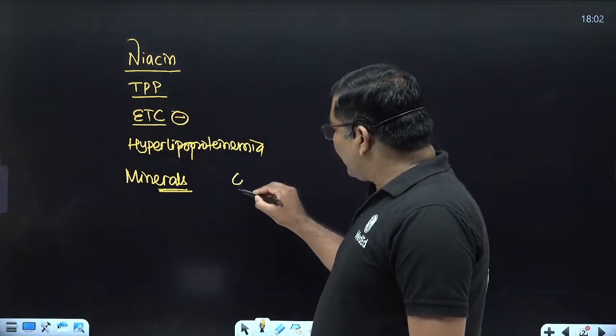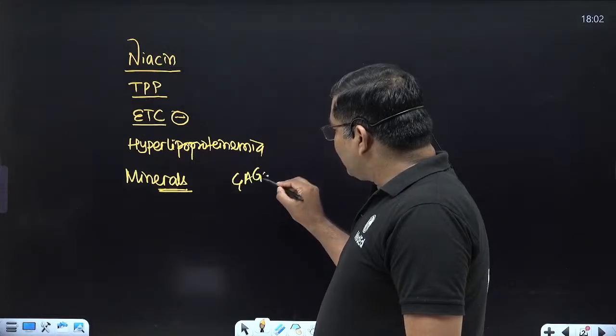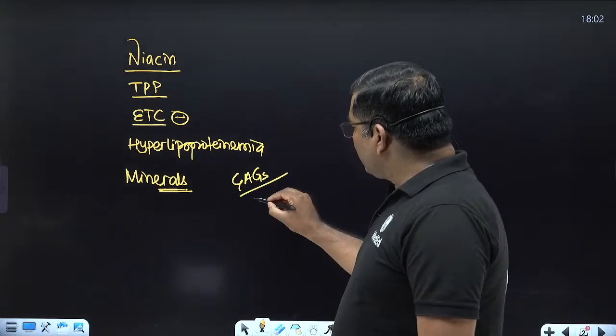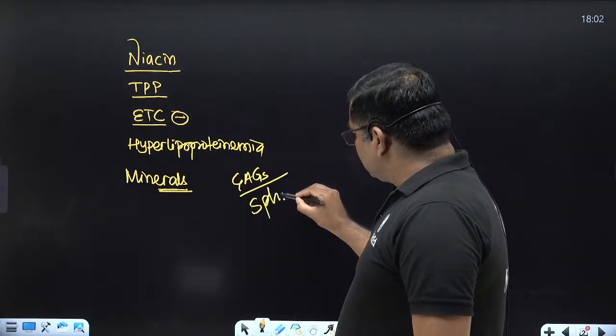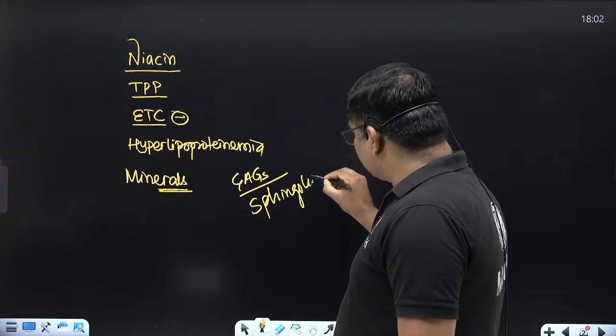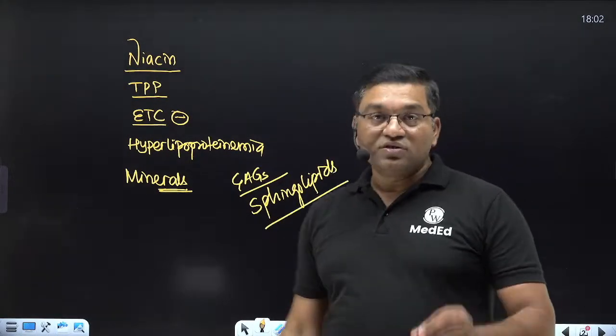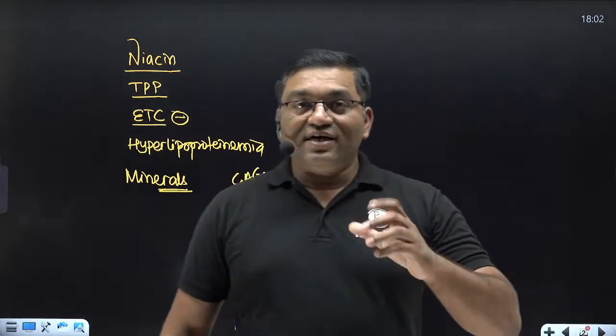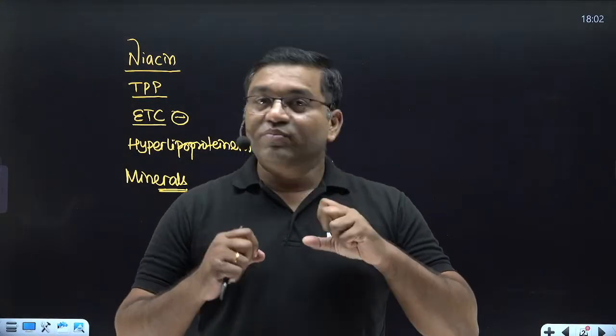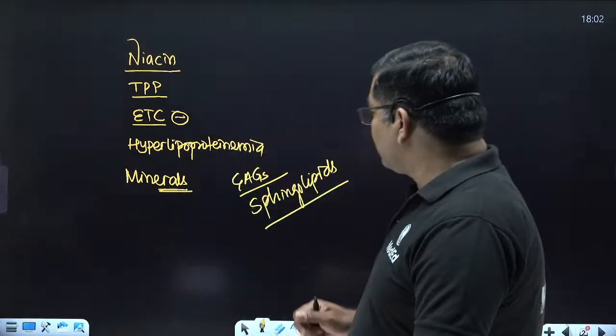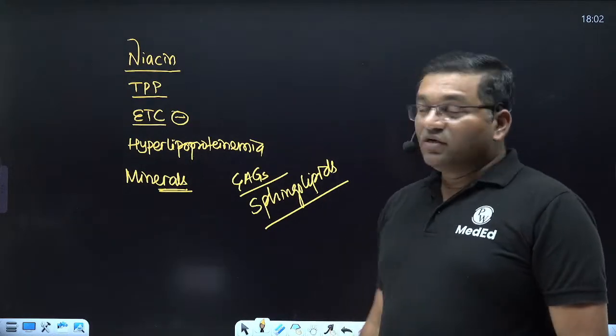For example, glycosaminoglycans, they are frequently asked. Then the sphingolipids and disorders. For example, Gaucher's disease, the repeatedly asked question, Gaucher disease and that crumpled tissue paper or wrinkled paper appearance. This is an important one.